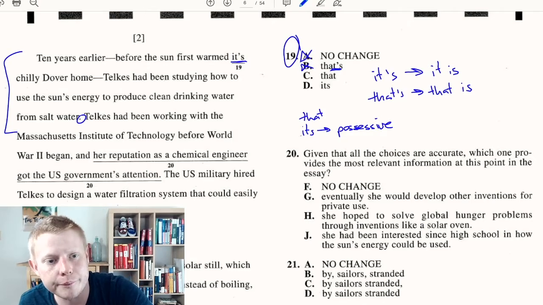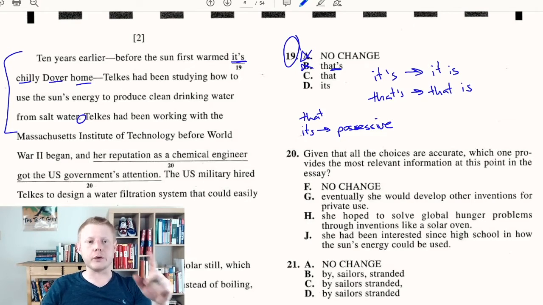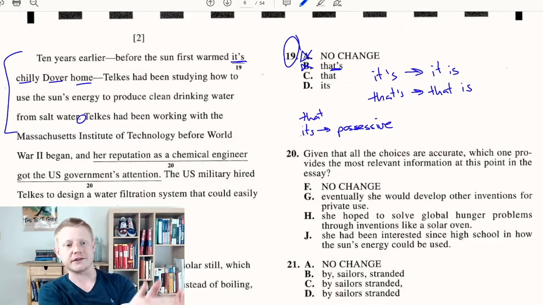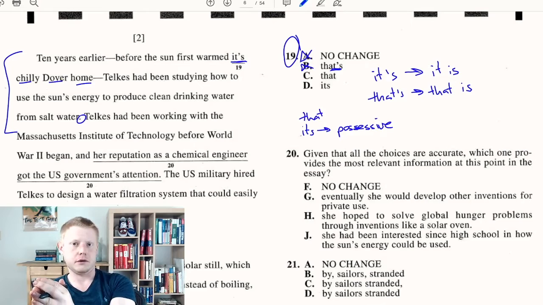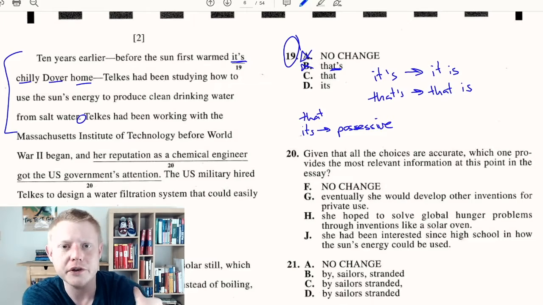Chilly Dover home. Well, definitely some nouns there, but we run right into chilly. Right after the possessive, it's chilly. If we were saying it is cold, it'd be it is chilly, right? Not ITS. So I don't think chilly is a noun here. I think it's a modifier. I think it's an adjective.